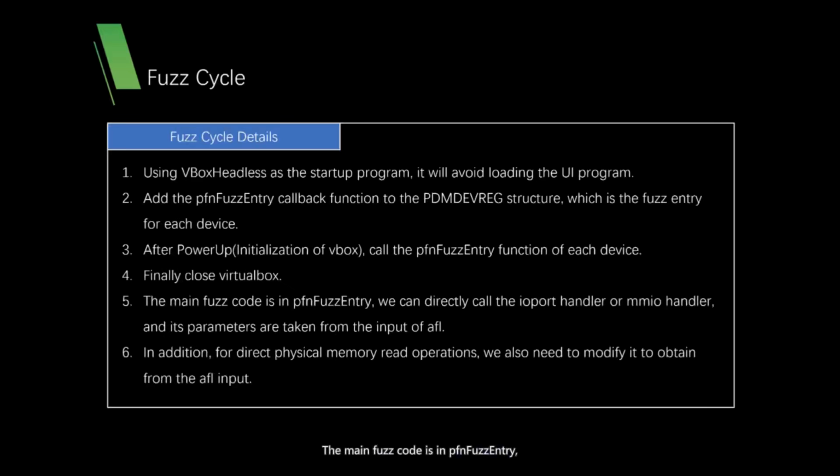The main fuzz code is in the fuzz entry, and we can directly call the IO port handler and MMIO handler. Its parameters are taken from the input of AFL. In addition, for direct physical memory read operations, we also need to modify them to obtain data from the AFL input.